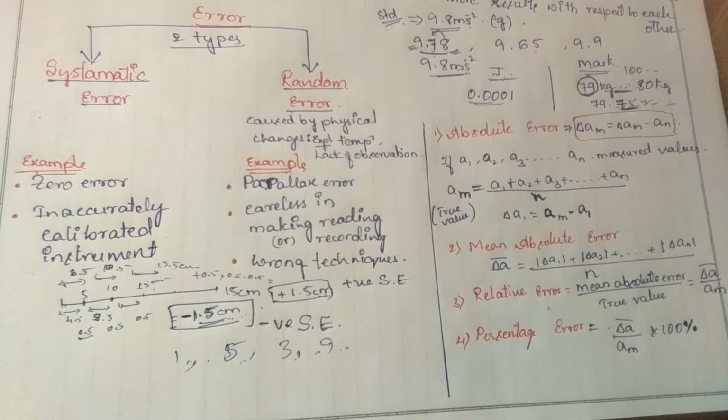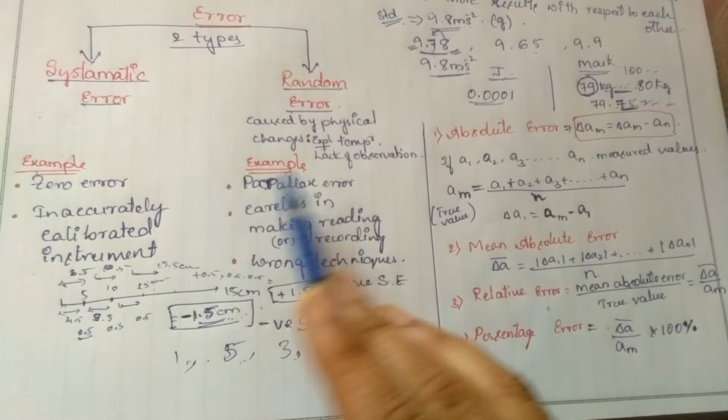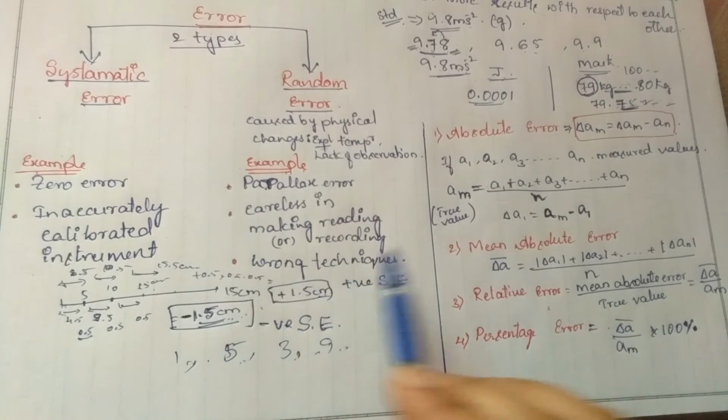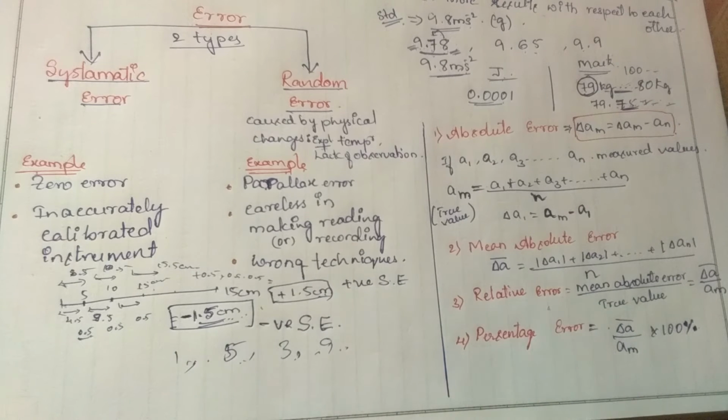So that we call a random error in experiments. For example, parallax error and carelessness in making, reading or recording the experimental values with wrong techniques. If we use a wrong technique to calculate some values in experiments, that is a random error.